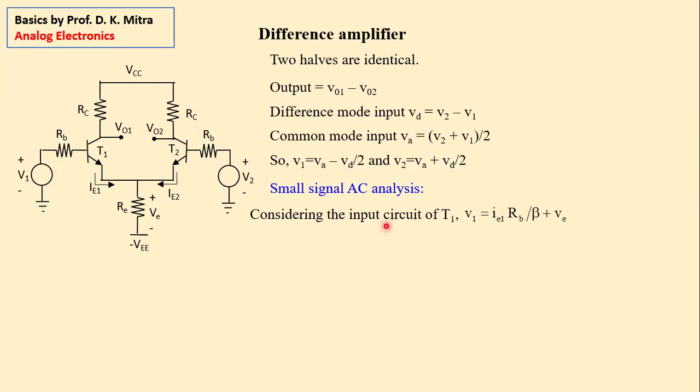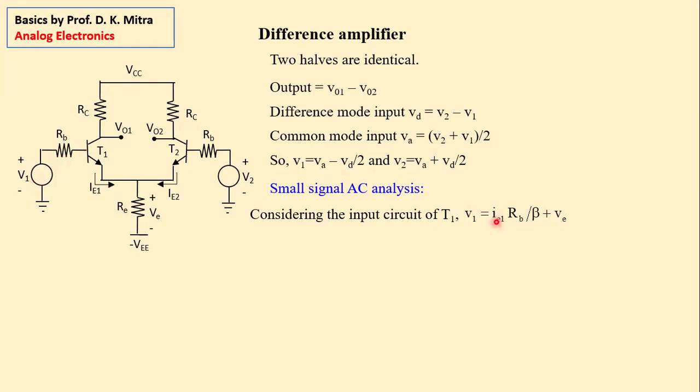First point, considering the input of transistor T1, this is the input. What we find, V1 is equal to IB times RB. Now this emitter current IE, when it is reflected to the base side, then you know this resistor RB will become RB by beta, because the current is beta times less.